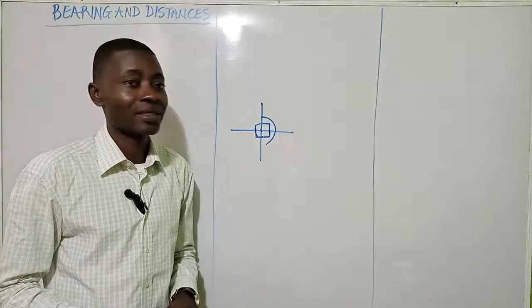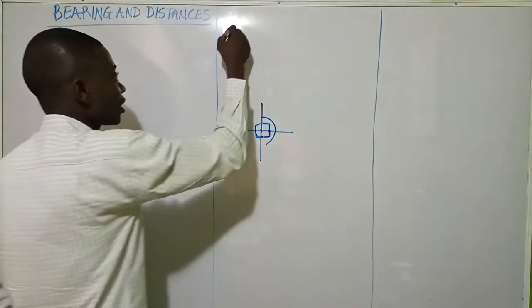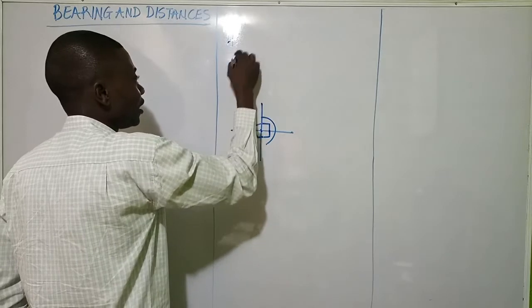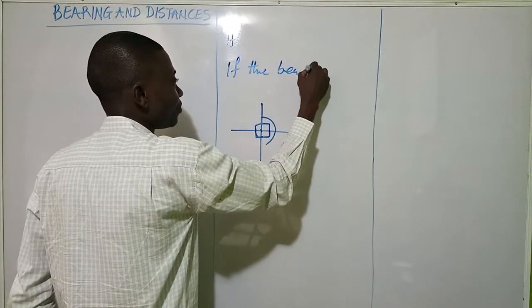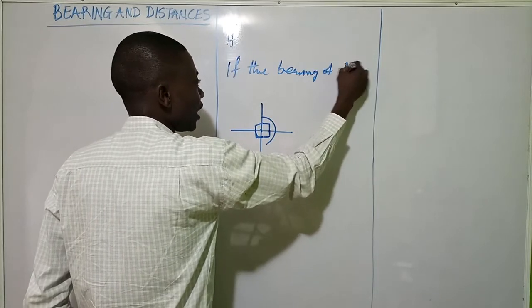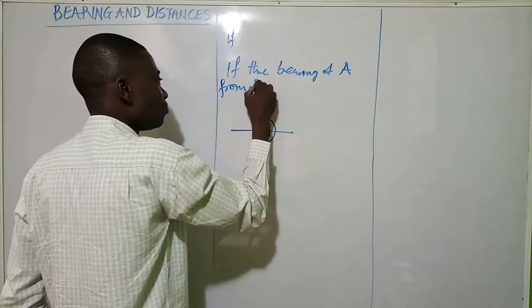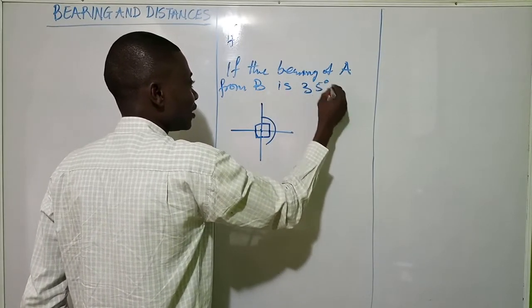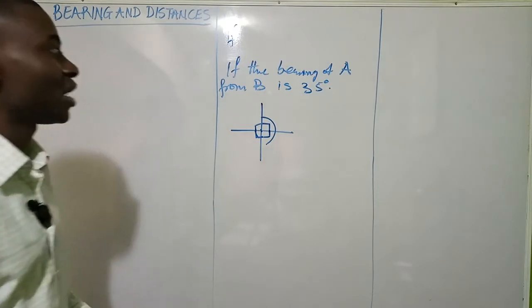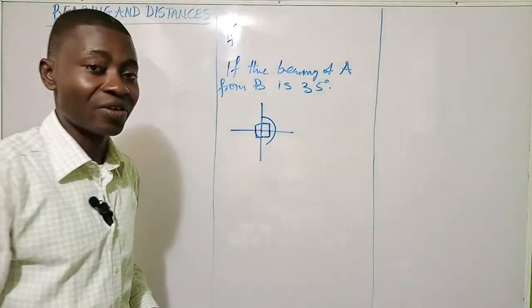Now another thing is this. For instance, you see a question that says, if the bearing of A from B is 35 degrees.